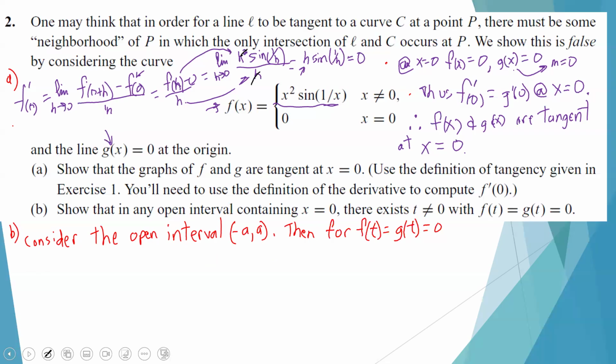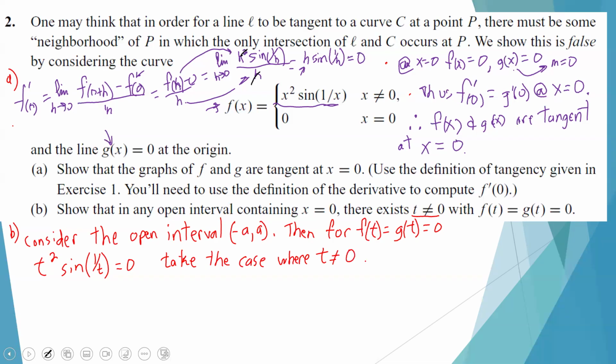we would have t squared sine of 1 over t is equal to 0. Well, the trivial case is t equals 0, but we are not allowed to use that one. We don't even have to prove the trivial case because we're told not to use it. Take the case where t doesn't equal 0.